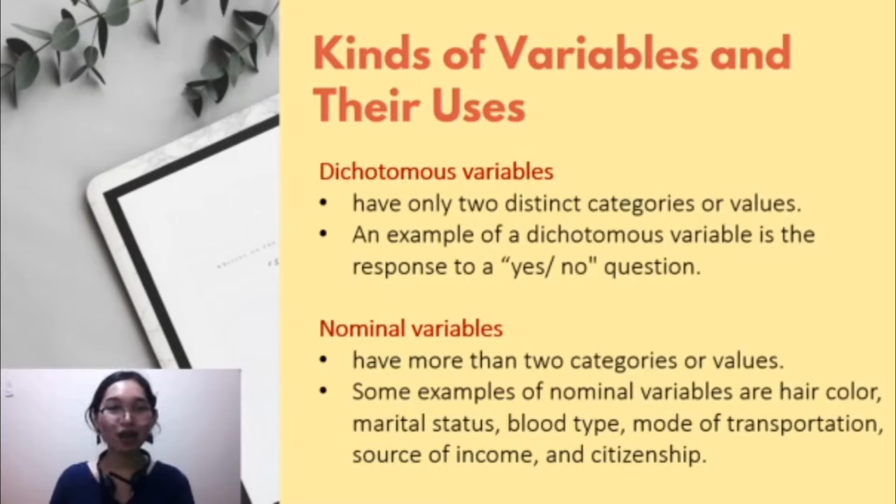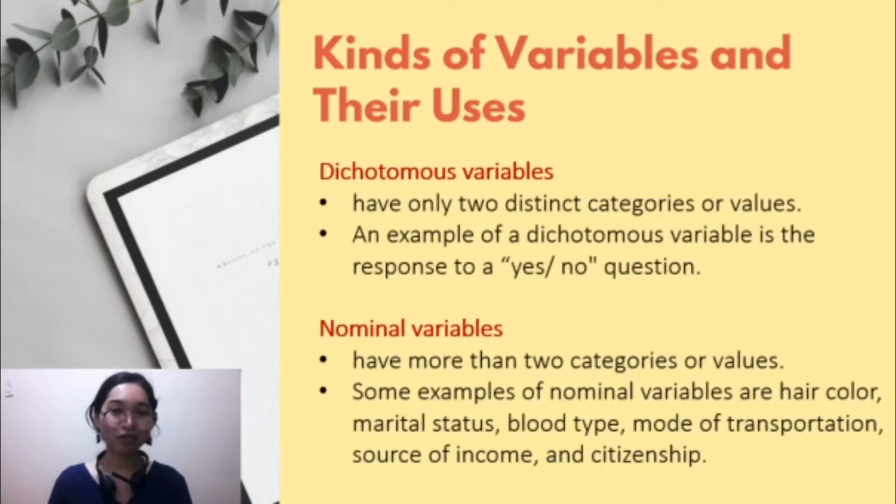Next one is, if it is more than two, it is under nominal variables. It has more than two categories or values. Some examples of nominal variables are hair color. Di ba, the hair color has more than two. Pwedeng brown, black, orange, red, and so on.